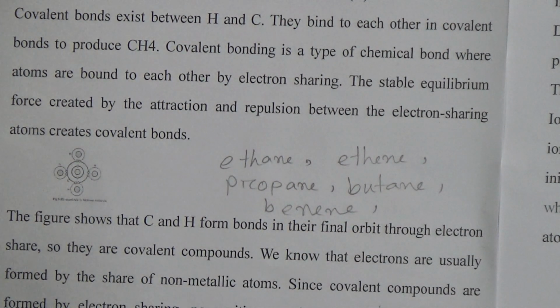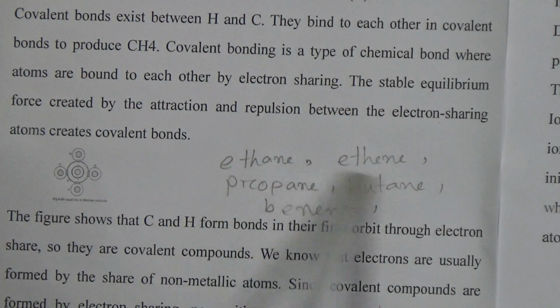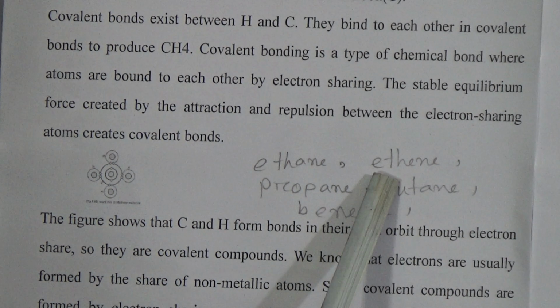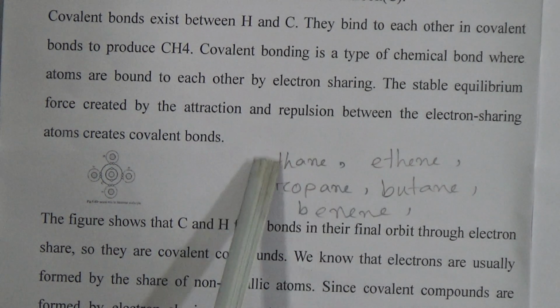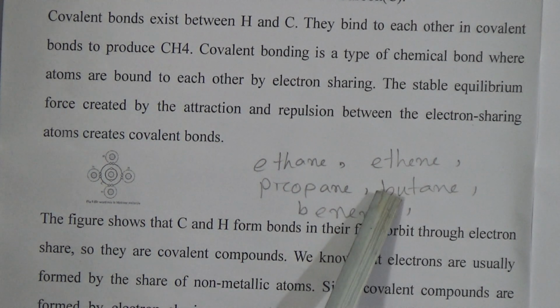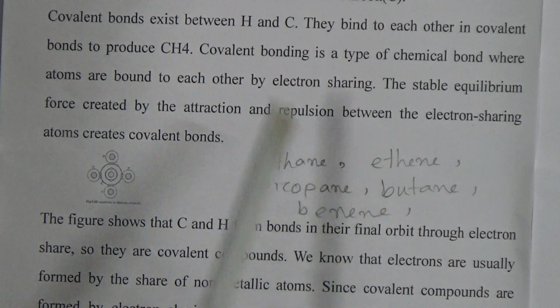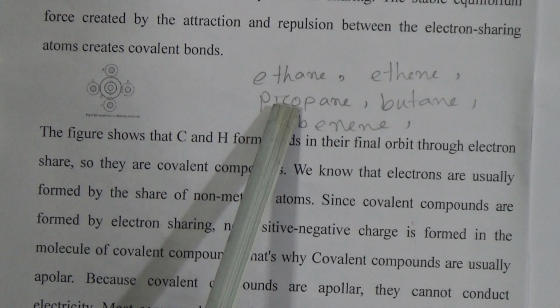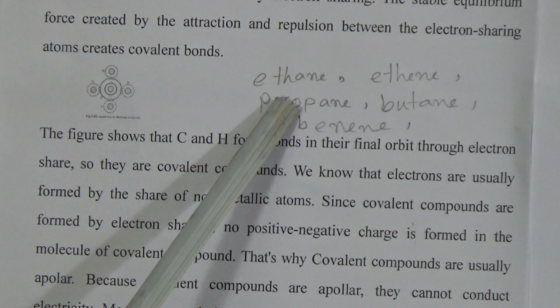These names you can use to make your assignment unique, and all are compounds of carbon and hydrogen, and all have the covalent bond. The description is more or less similar, but their formation or bonding and their figure will be different, so that will make your assignment unique.